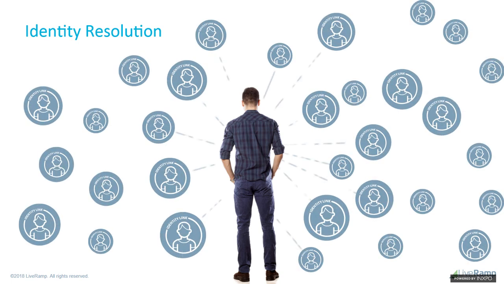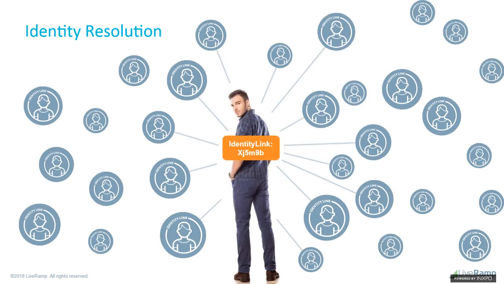And again, this is all under this concept of a unified identity. So one identity, we call it identity link, that can be used by ad tech marketers and MarTech marketers to connect all of the different platforms that you're using.